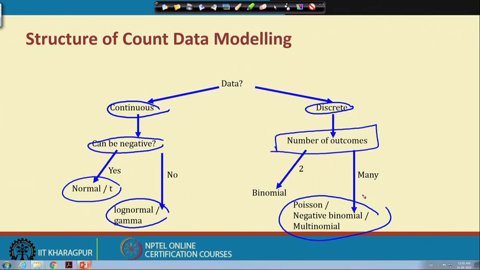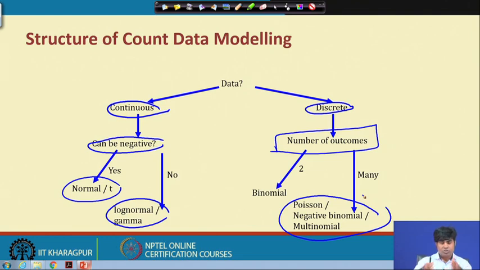Of course, we highlighted these two models in the last lecture, and again we are bringing this structure to connect certain examples where we can use Poisson distribution and negative binomial distribution. Accordingly, we have two different models that we need to highlight under count data modeling, that is Poisson regression modeling and negative binomial regression modeling.